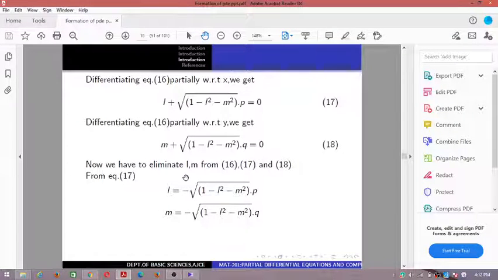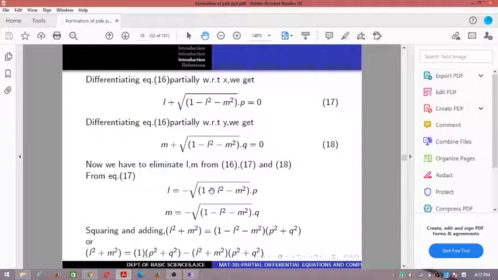Now from equation 17 we can rewrite this as L is equal to minus square root of (1 minus L square minus M square) into p, and from equation 18 we can write M is equal to minus square root of (1 minus L square minus M square) into q. Squaring and adding, we get left hand side L square plus M square is equal to (1 minus L square minus M square) into (p square plus q square).